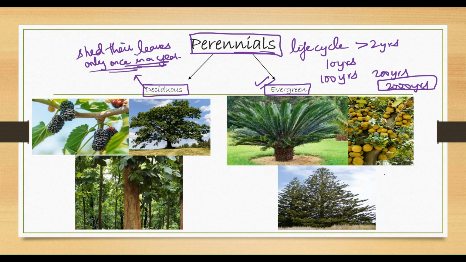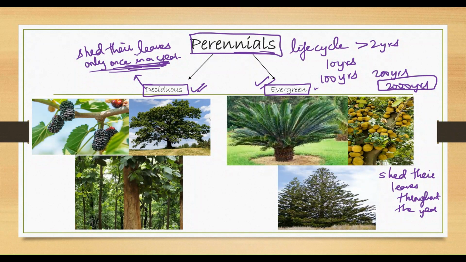These are the trees which shed their leaves throughout the year, and not all leaves are shed at a time in evergreen. In case of deciduous, all the leaves are shed at a time, once in a year.